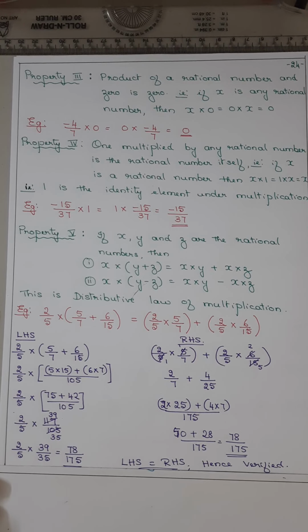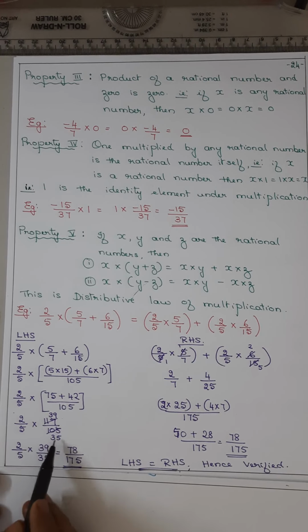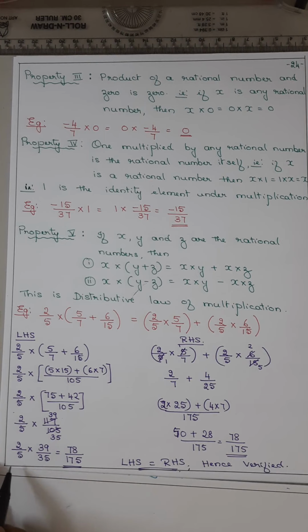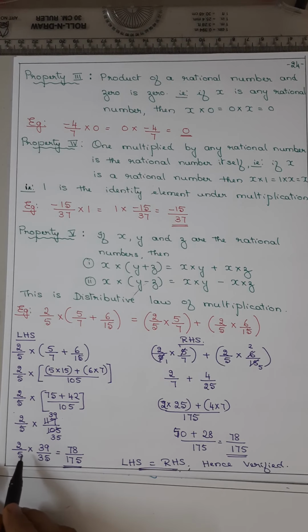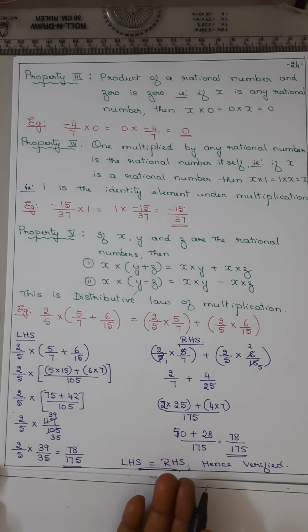There you have learned this. Now 2 into 39 upon 5 into 35. Now see, 5 and 35 are in the same table, but we cannot cancel them. Why? Both are in the denominator. Is it clear?